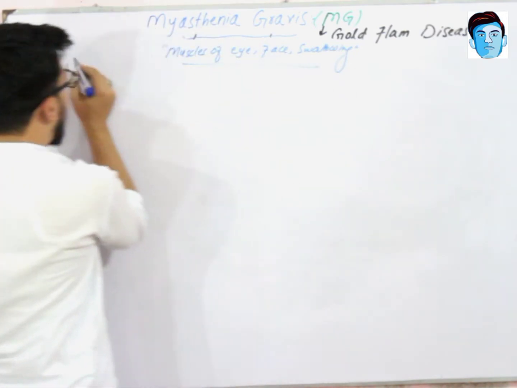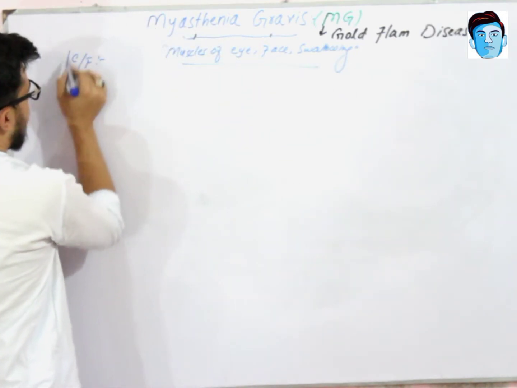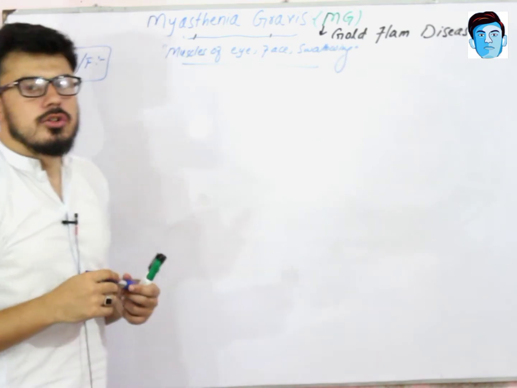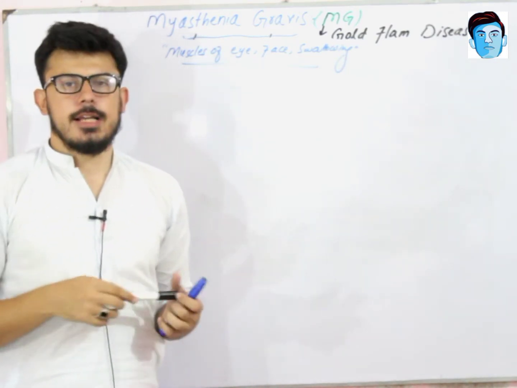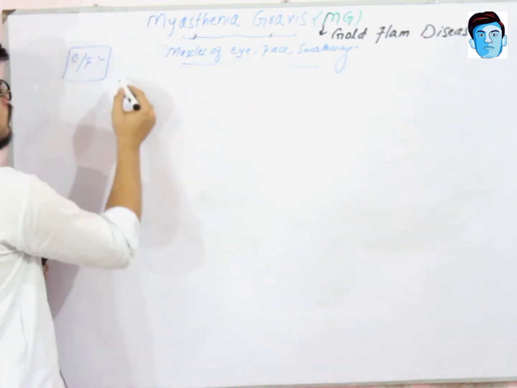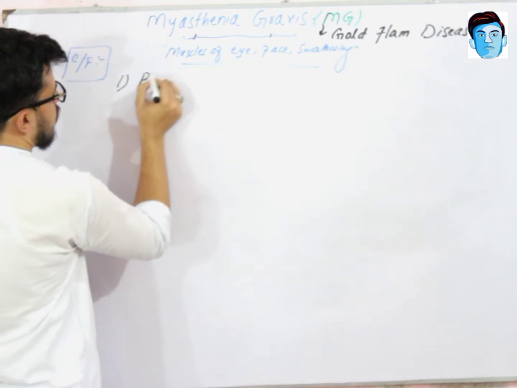Now, how will the patient actually present? Initially, the earliest and most classical sign of myasthenia gravis is ptosis.